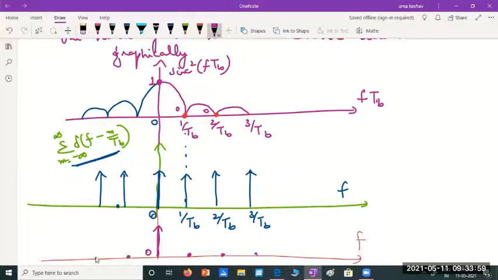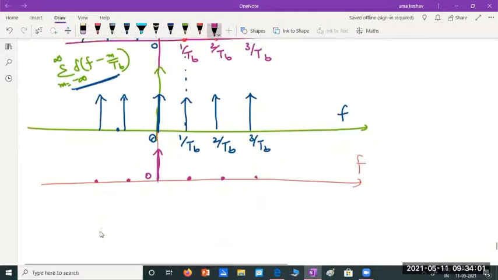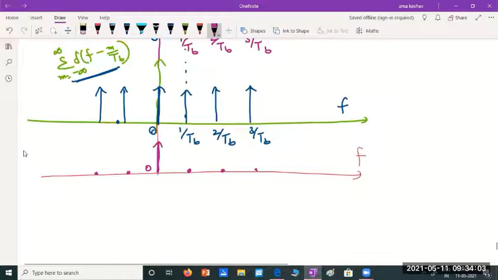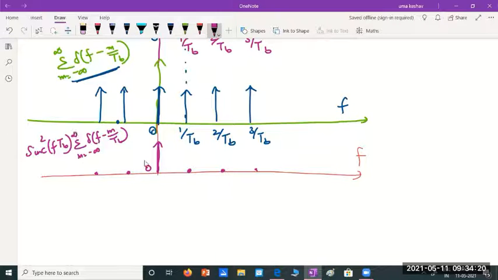So if you observe carefully, you will see the product of, so what is this? This is the product of sinc square FTB with summation of the impulses delta F minus m by TB for m ranging from minus infinity to plus infinity. So we have an impulse only at 0, delta of F I can call, and it is 0 elsewhere.